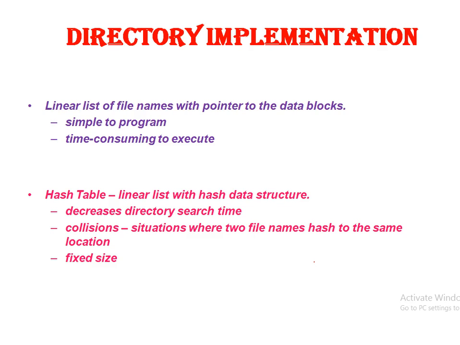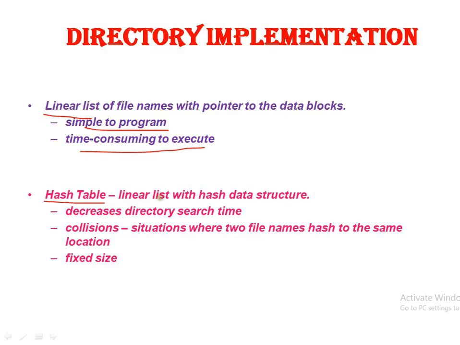Next, we shall see how to implement the directory implementation. Whenever I speak of directory implementation, two things we should keep in mind: one is linear list, another one is hash table. Using a linear list of file names with pointers to data blocks is very simple to program but time consuming.